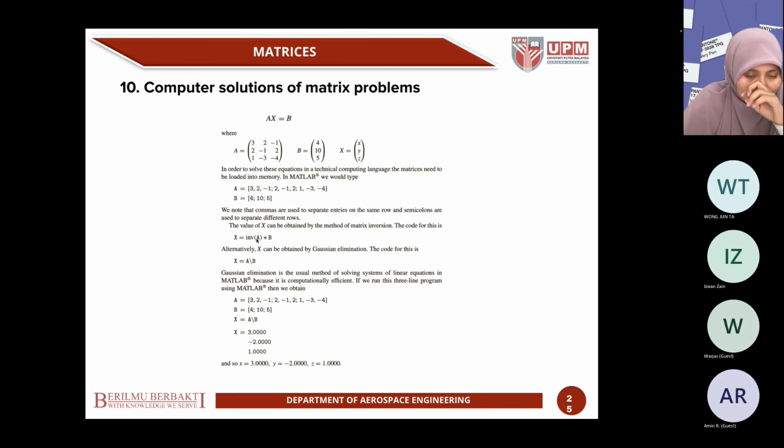Then you can directly use the formula already included in MATLAB, inverse A, to calculate the inverse of A. And then you can use the definition just now to solve the linear algebra equation, to calculate the values of x, y, z. You get the answer for x, y, z using the computer programming: 3, minus 2 and 1.